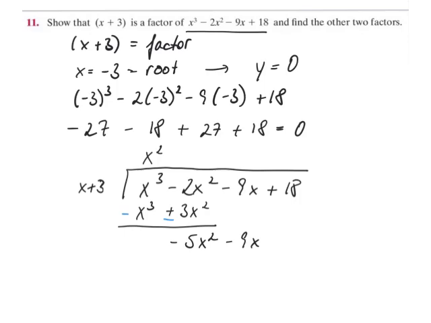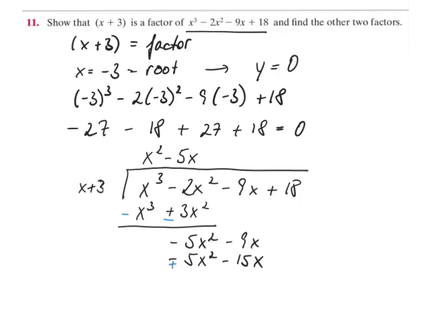Minus 5x squared divided by x is minus 5x. Multiply backwards, minus 5x times x is minus 5x squared. Minus 5x times 3 is minus 15x.